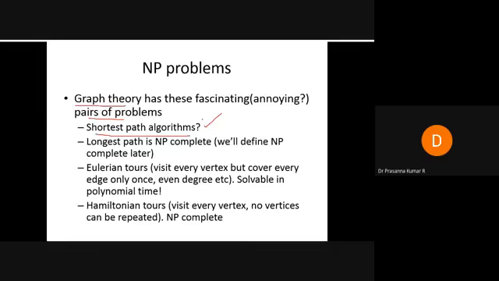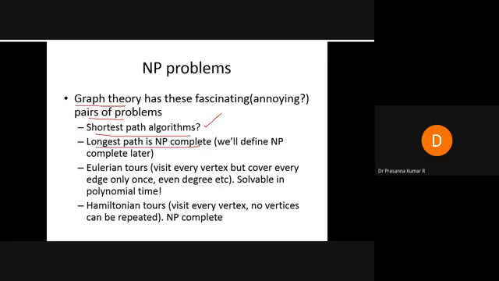This shortest path problem comes under the NP problems. The next one is the longest path, which is NP complete. Maybe you have not studied the longest path in DAA, but if you take that elective in graph theory, you might undergo this algorithm.